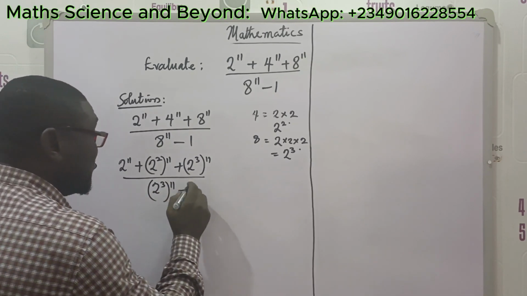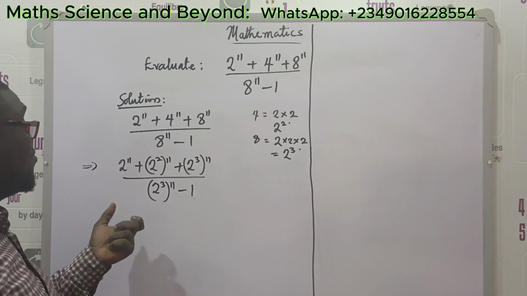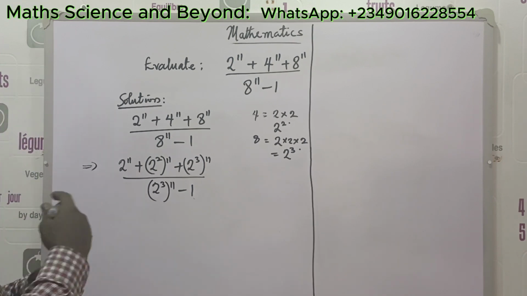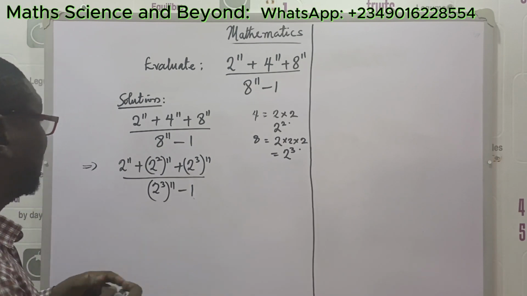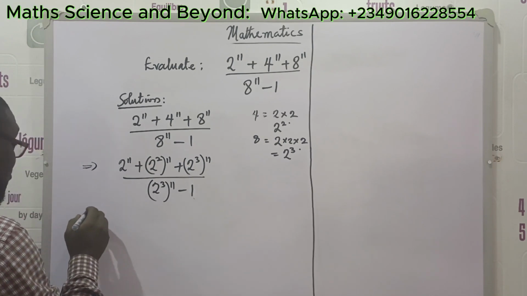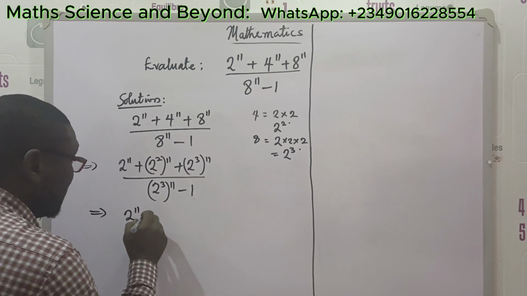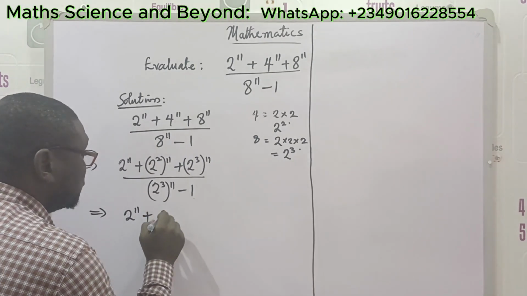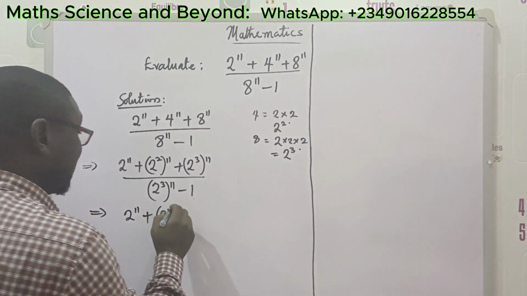At this stage, what we are going to do is rewrite the whole thing. So how do we do that? We'll do 2 raised to power 11 plus 2 raised to power 11. We want 2 raised to power 11 to be inside the bracket.